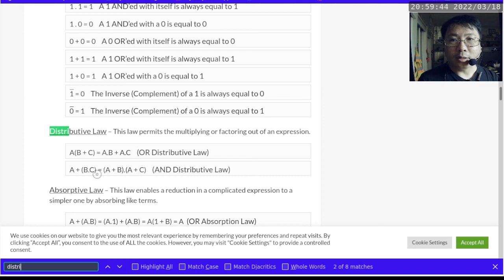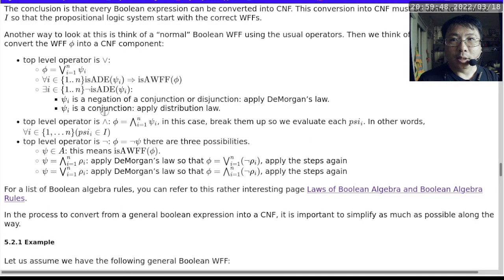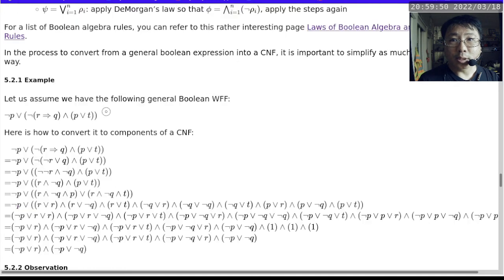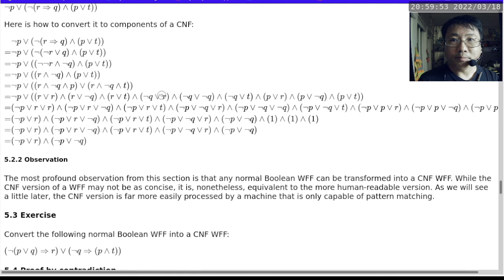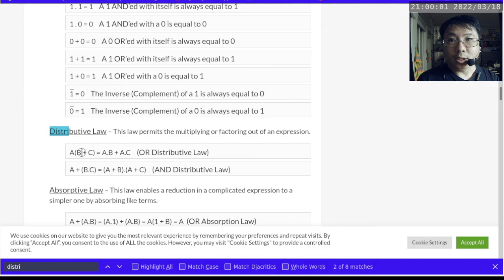Now, how does that get into this mess that we end up with? Well, it's basically repeatedly applying the distributive law. The idea is the term B here doesn't have to be a single variable. B itself can also be a disjunction.